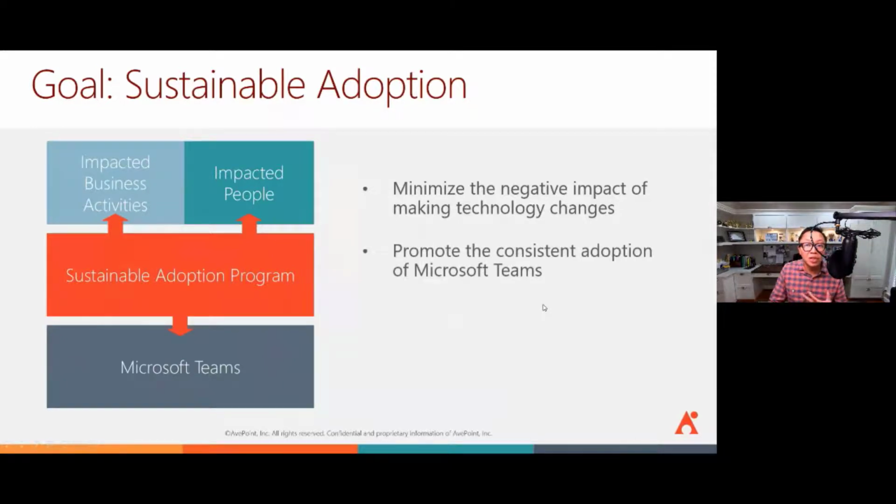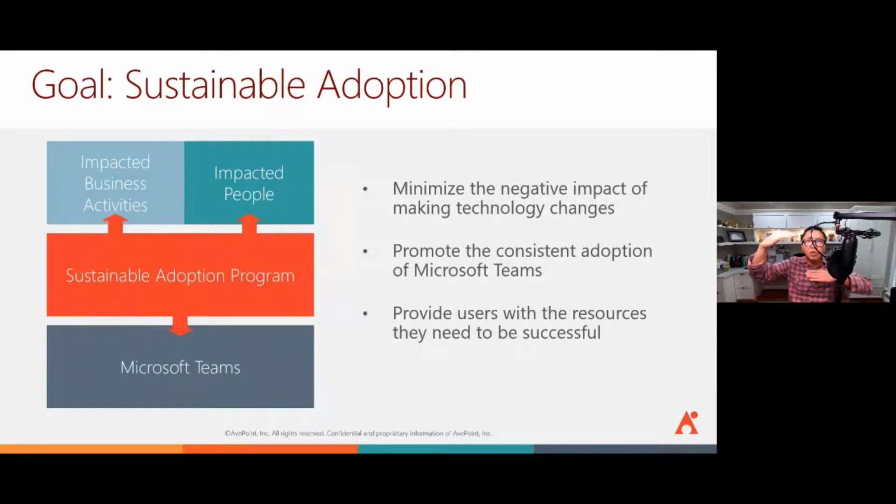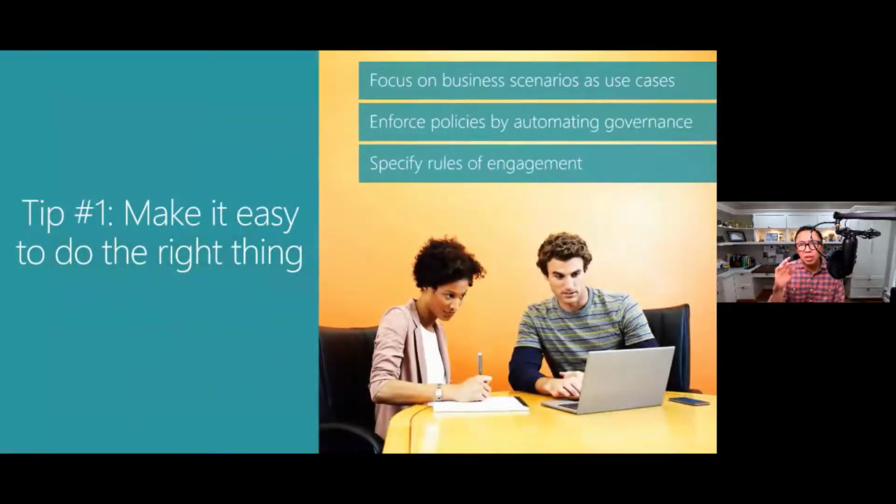We want to promote the consistent use and adoption of Teams and provide users with resources they need to be successful. So what we're doing here, friends, is we're bridging the gap between business activities, people, and the technology itself, which is Microsoft Teams. So let me walk you through 3 tips here and examples on how to ensure sustainable adoption.